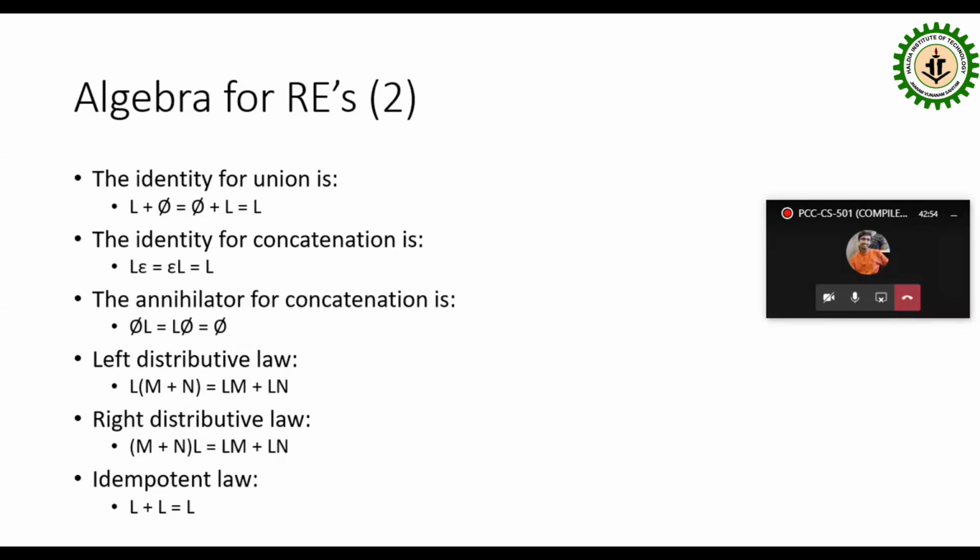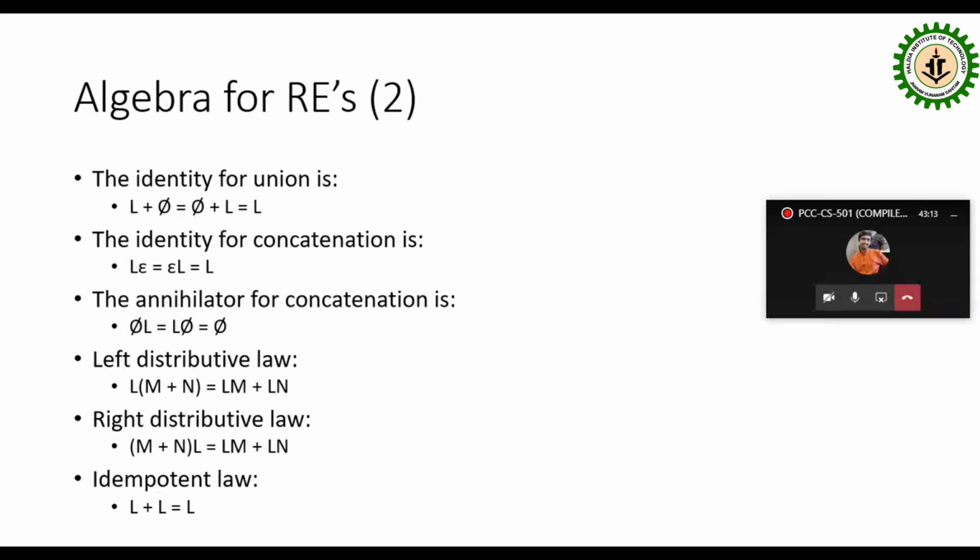Another is the annihilator. The annihilator for concatenation is phi: phi L equals L phi equals phi. When you concatenate a regular expression with the empty set, the result is empty.